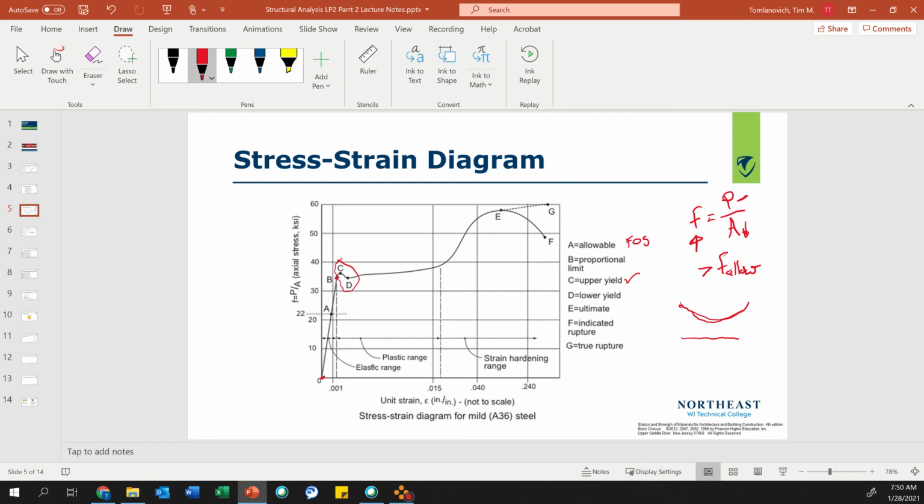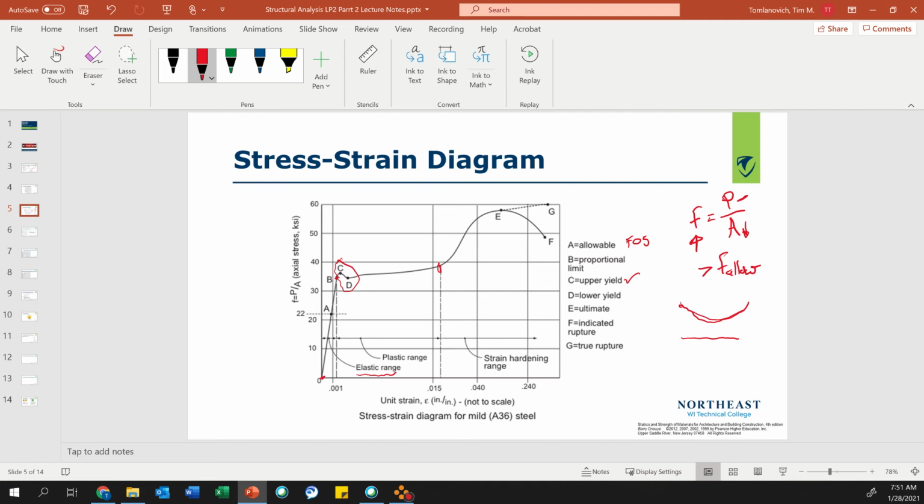And then, as you can look here from point B, it says elastic range, and then from point C all the way to here is the plastic range. Okay, and then from here to here is called strain hardening. So this happens in steel. It's very interesting, because steel is manufactured, it's melted metal, iron.